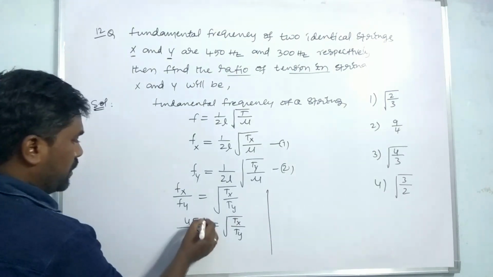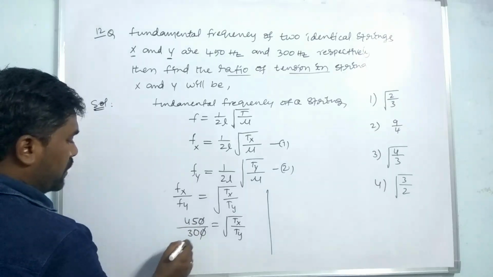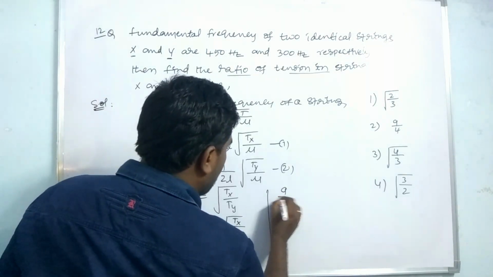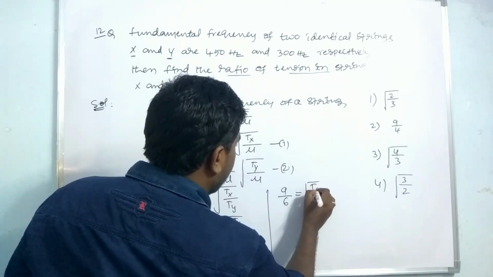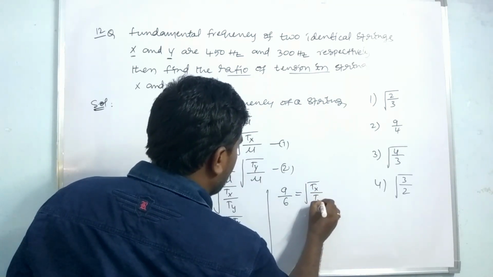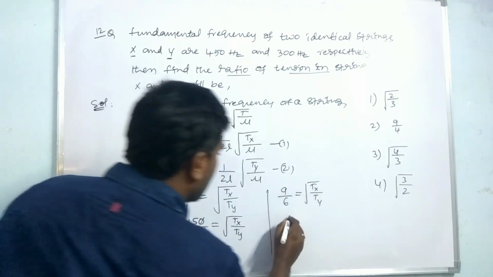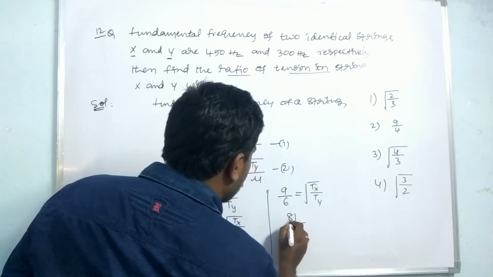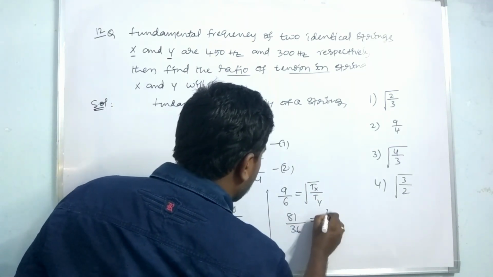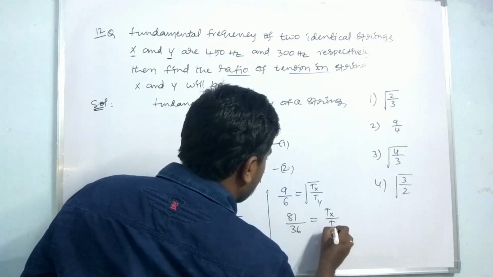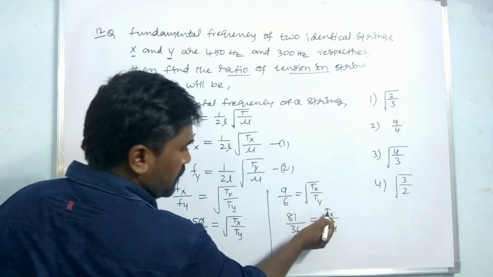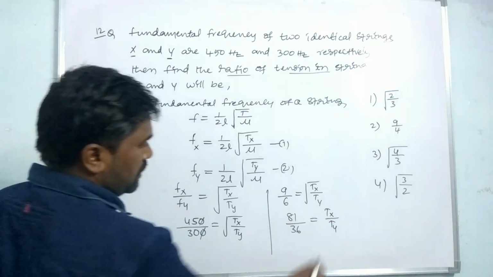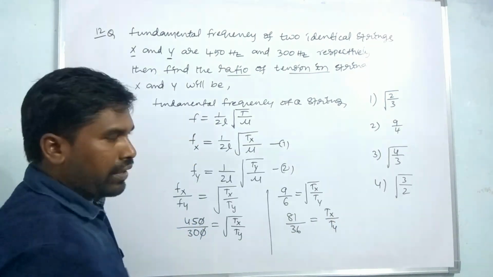So this can be 9 by 6, equal to under root of Tx by Ty. We have to square on both sides. It is equal to 81 by 36, equal to Tx by Ty. So this is the ratio of Tx and Ty. Tx means tension in string x, Ty means tension in string y.